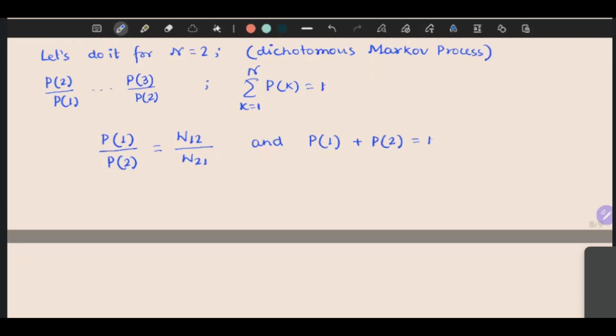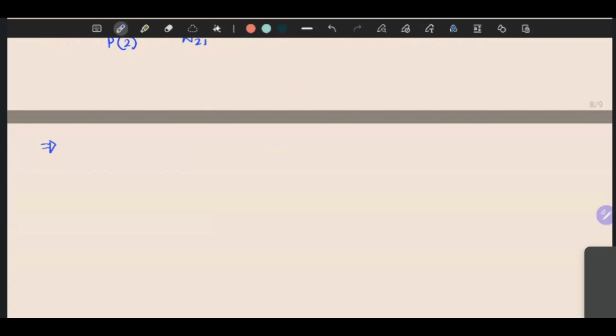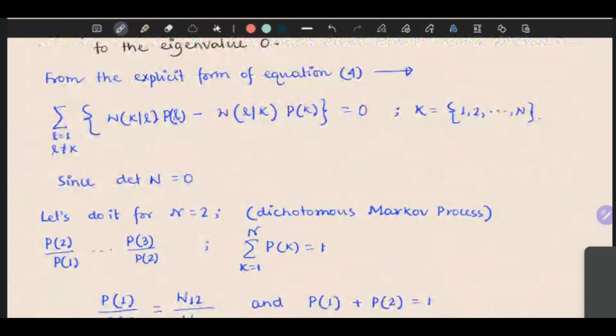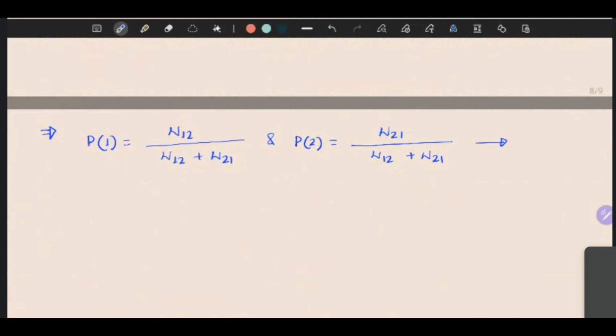So from here it promptly follows that P of 1 becomes W12 divided by W12 plus W21, and P2 is equal to W21 by W12 plus W21. So these two equations follow from there. Let's say this is equation 11, this is 12, this is 13.